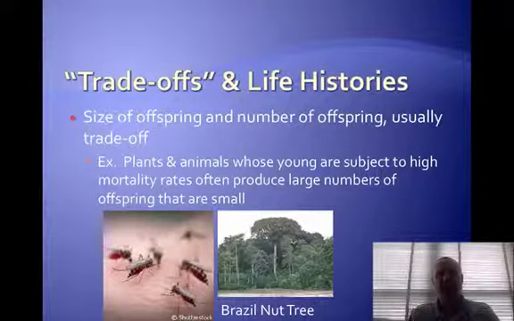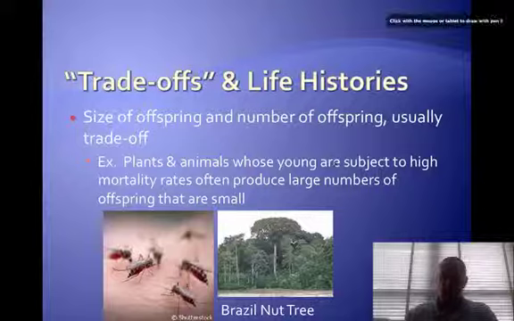So there are some trade-offs. If we choose semelparity, then the size of our offspring and the number of offspring are going to be different than if we go iteroparity. Because if we're in an unstable environment, we're going to produce a lot of offspring. They're probably going to be very tiny, right? Such as mosquitoes, for example, because a lot of them are going to be dying. Now, if we're in a situation where it has a very stable environment, we want the one that we produce to be able to outcompete all the other ones, such as the Brazil nut tree.